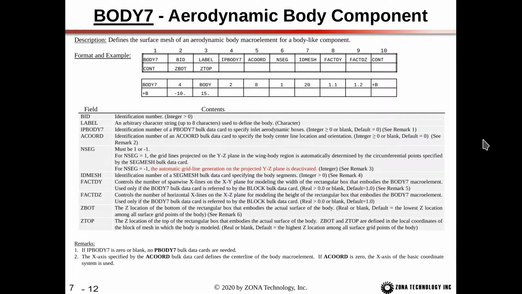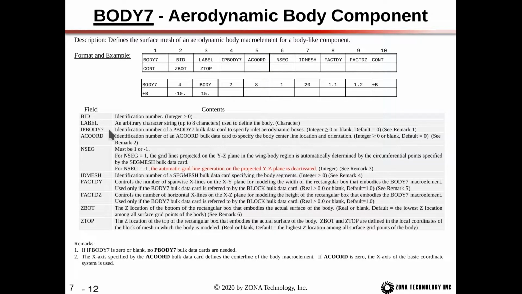Okay, next we have the body 7 card to define a body macro element. So we have BID, the body identification number, and similarly to the CAEROZ, the box IDs and the grid point IDs are based off of this body ID. Next we have the label, which is an arbitrary character string.